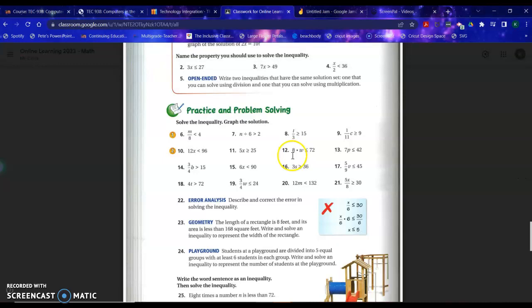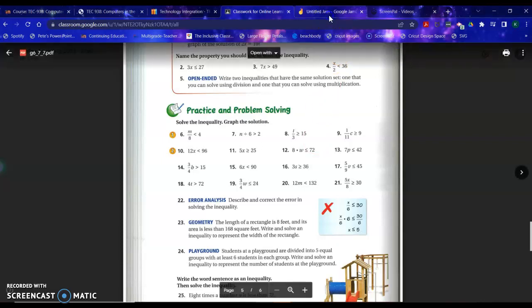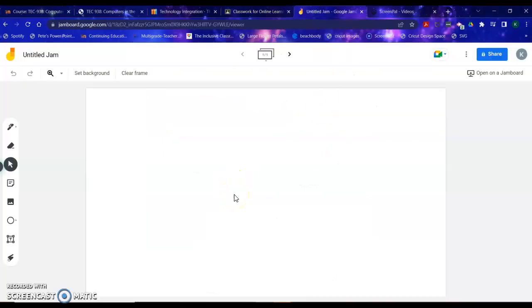So number 12 is 8 times W is less than or equal to 72. So I'm going to jump over to my Jamboard and write this in black.